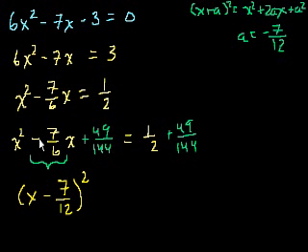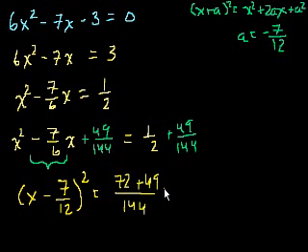And if you want, you can multiply this out and confirm that it truly equals this. And that is going to be equal to, let's get a common denominator, 144. So 72 plus 49 equals, what's that, 121 over 144. So we have x minus 7/12, all of that squared, is equal to 121 over 144.